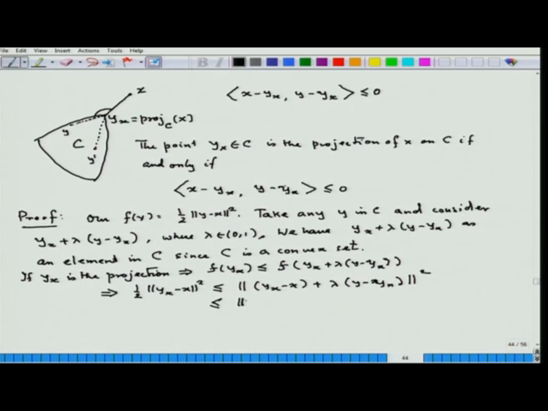If I open up the norm, this becomes half norm y x minus x whole square plus half into 2 into lambda times the inner product of y x minus x and y minus y x plus lambda square times norm y minus y x whole square.